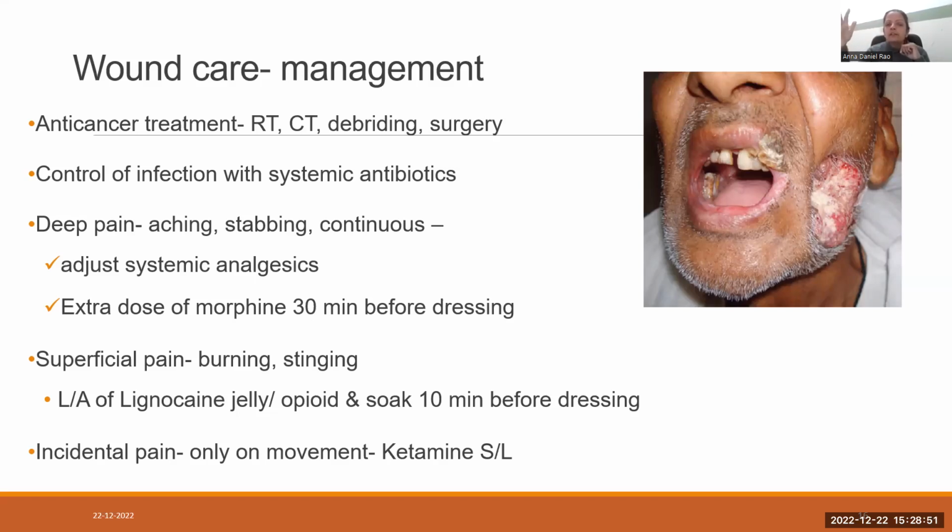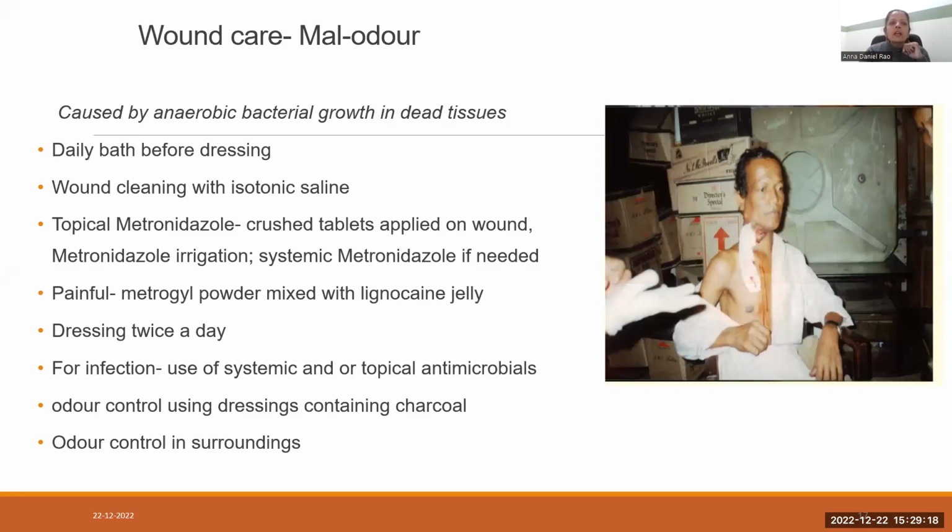That will remove all the adherent tissues, infected pus and exudate will come off, and you can clean the wound nicely with normal saline. If incidental pain is there, where the patient has pain only during movement, then you can use ketamine sublingually, but all the vital signs should be monitored.